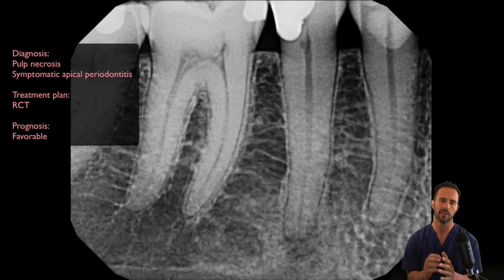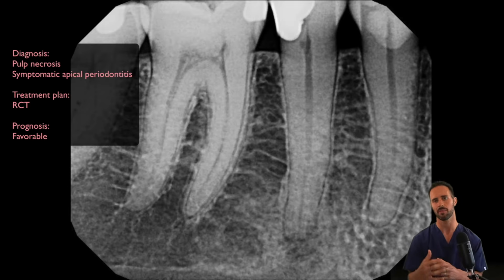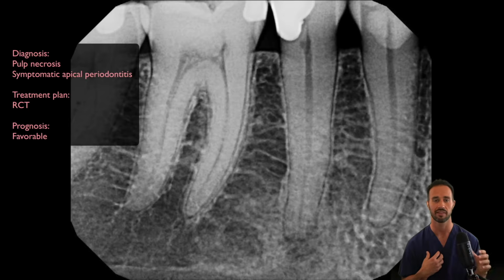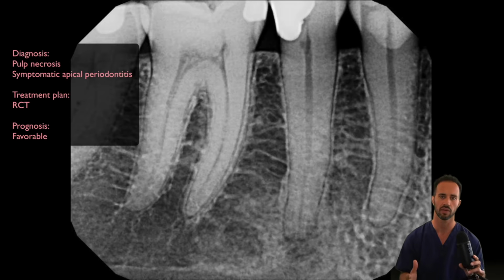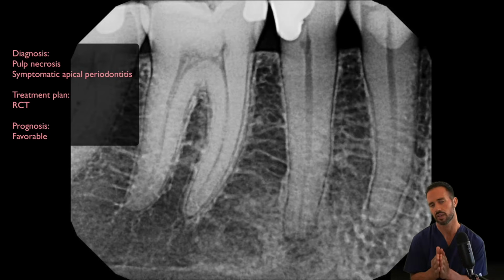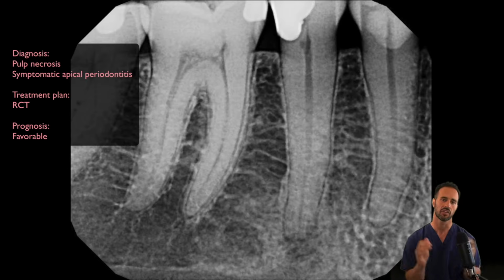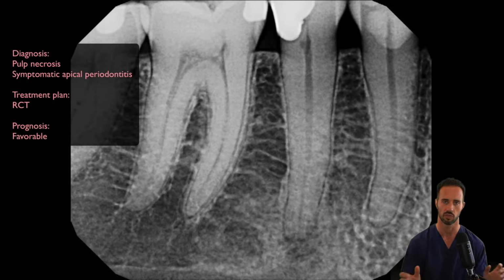I have a whole bonus module dedicated to this topic because every provider that performs endodontic treatment grapples with it on a regular basis, oftentimes even a day-to-day basis, depending on how much endodontics you perform. Historically, vital cases were completed in a single visit and necrotic cases were broken up into two. That was the way it was done for a long time.